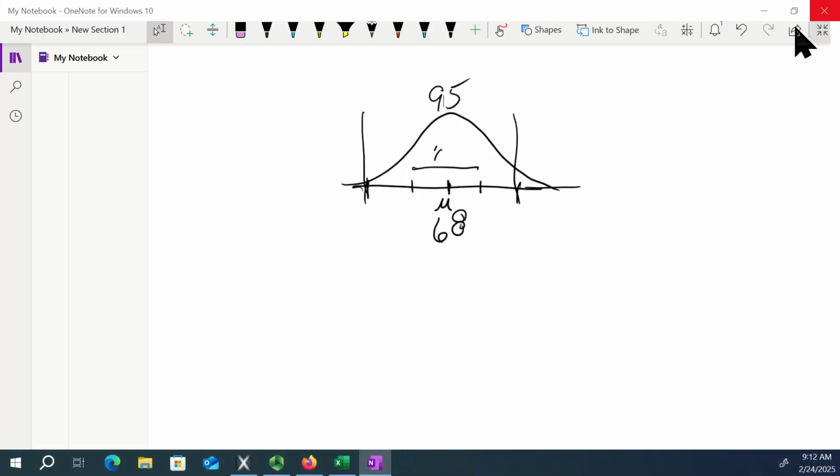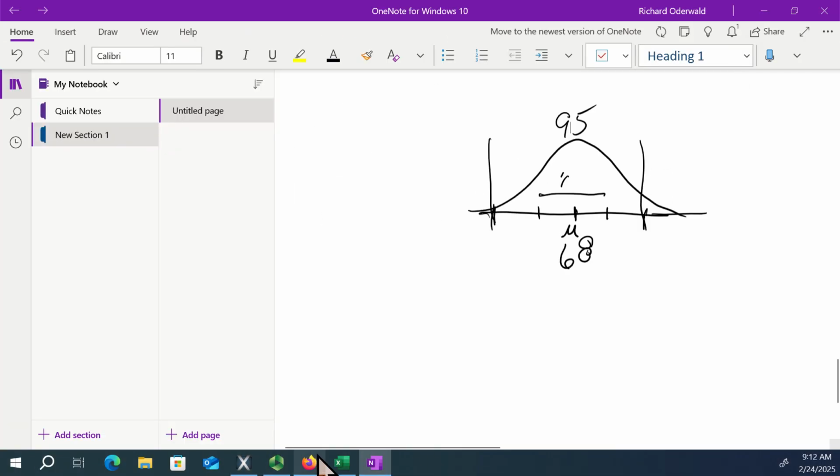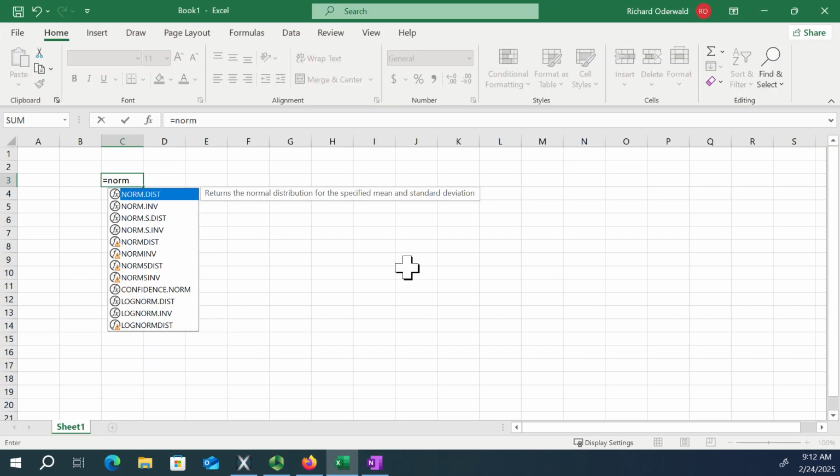The way that it actually works is with these commands. There's a norm.dist, and it gives you probabilities, or the area covered, from the far left of the normal distribution up to a certain value.